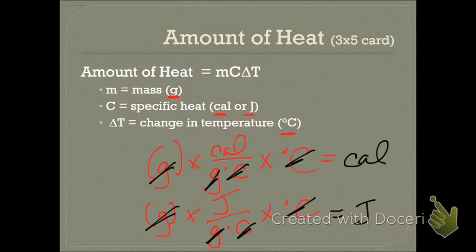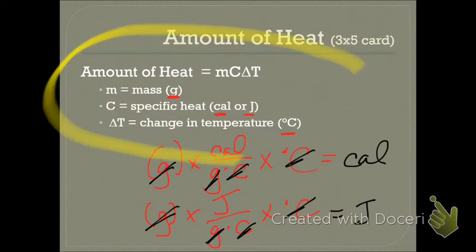So make sure that you not only know the formula for the amount of heat, which is MC delta T, but you also know that when we talk about mass, we're talking about grams. When we talk about capital C, it's specific heat of whatever the solution is. And delta T is a change in temperature, which is degrees Celsius.